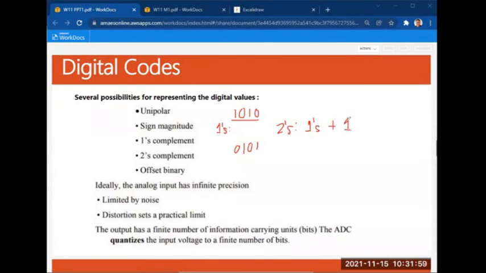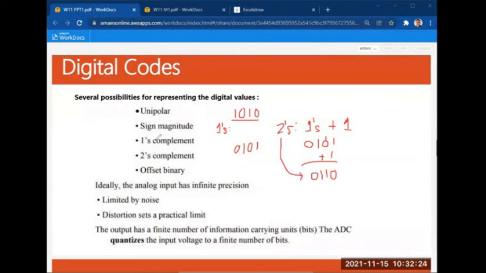So, for example, the ones complement of 1, 0, 1, 0 is 0, 1, 0, 1. So the twos complement will be 0, 1, 0, 1 plus 1. Okay, so that will be 0, carry 1. So 0, 1, 1, 0. So this will be the twos complement.